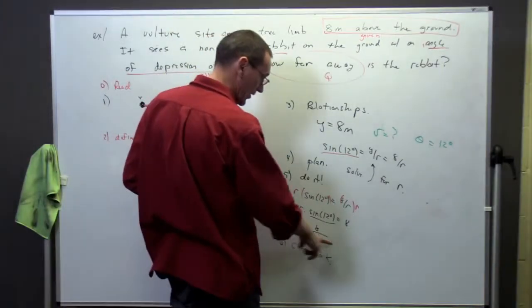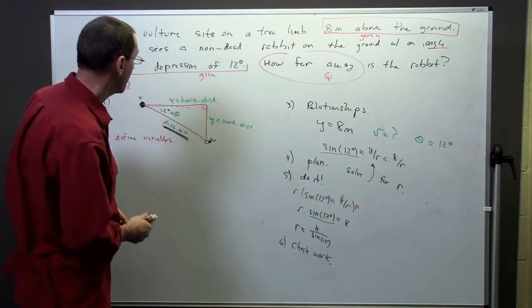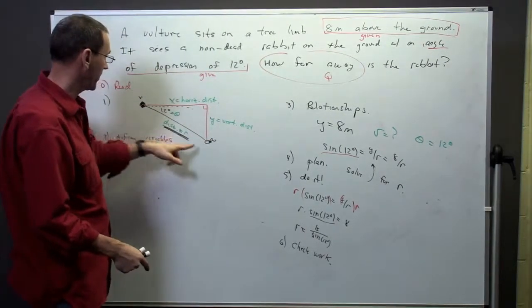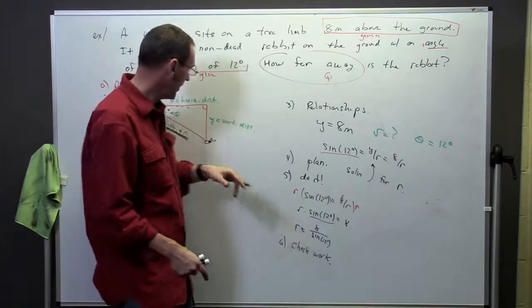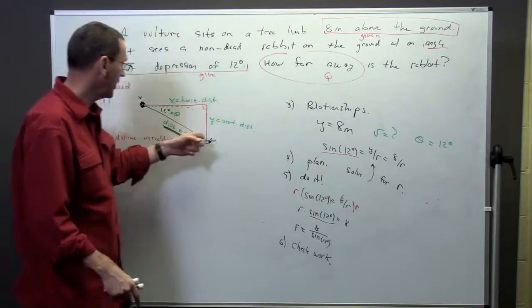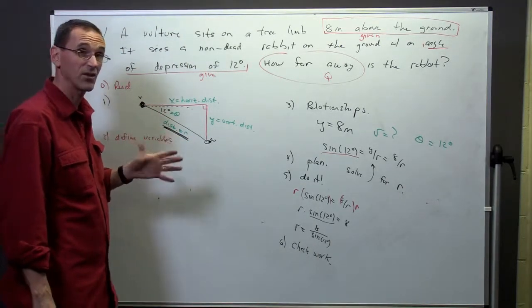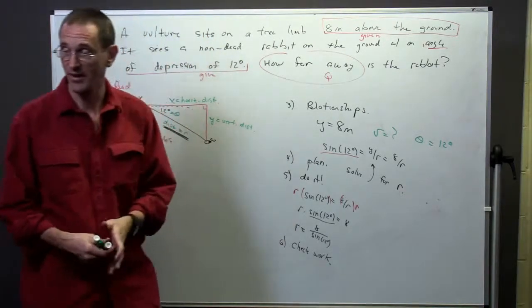And it means taking a look at this number and asking, does it make sense? So for example here, if this distance is 8, this distance right here should be a lot bigger than that. So when I plug this into a calculator, I should expect to get something much bigger than 8. I don't know, should it be 16? I'm not sure, but I have to ask, does that number make sense?